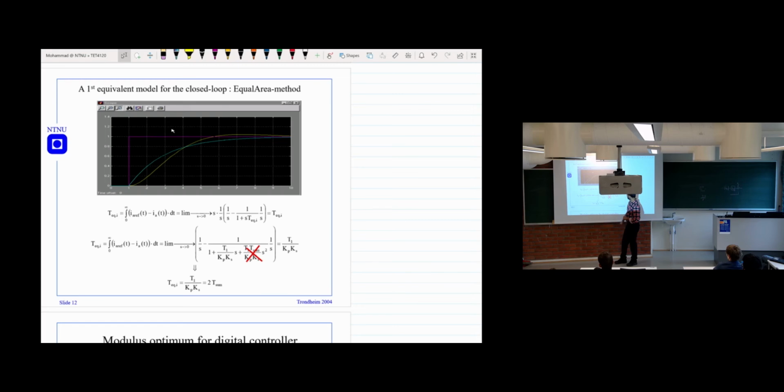So how do you get the T equivalent? It comes from the original parameters, and you will see that this T equivalent comes out as T1 divided by Kp Ks. So when we tune the outer loop, then instead of the second order transfer function, the inner loop will be represented with a first order transfer function. So we do it for the outer loop design, when we tune the outer loop.